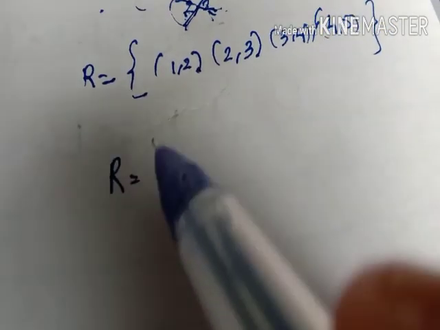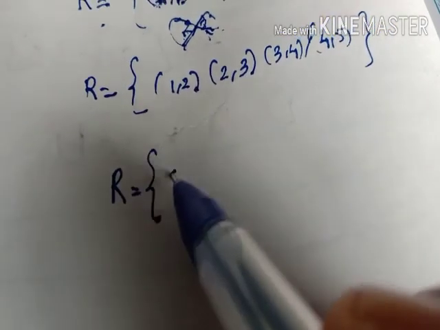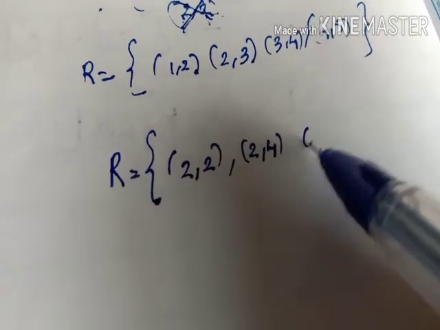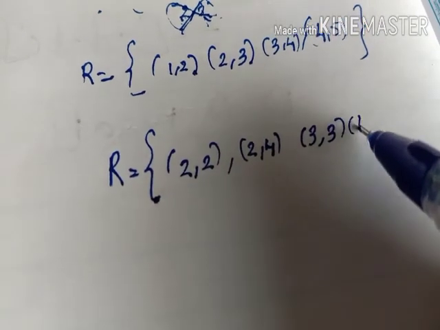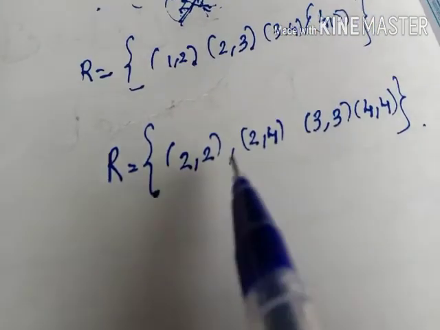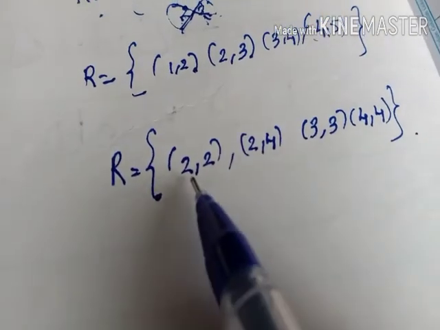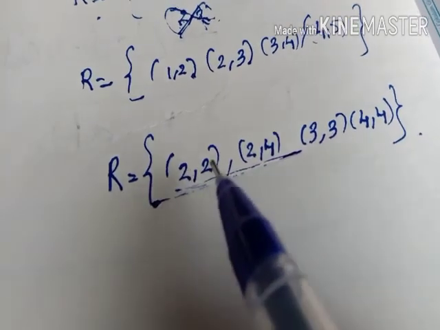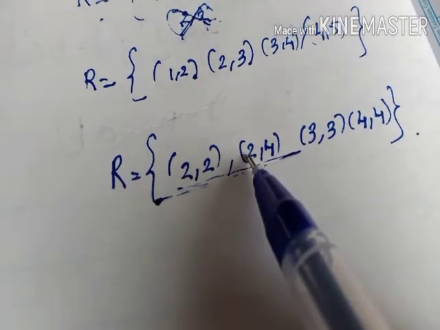Now see another example. R equals (2, 2), (2, 4), (3, 3), (4, 4). Verify whether it is a function or not. No, because the first element 2 is repeating.